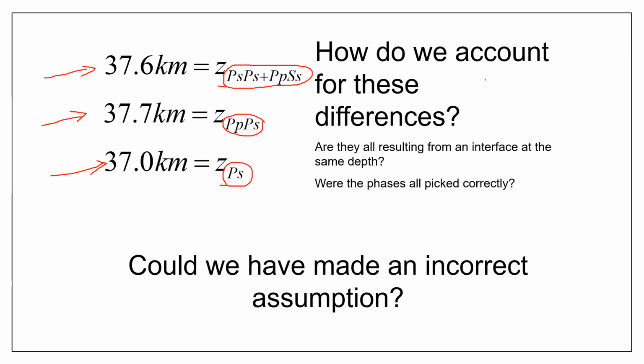Maybe the phase identification that we are doing in the receiver functions is done manually, so some human error might be there because of which these are coming differently, or maybe some noise is causing it. For that purpose, you will have to follow a certain methodology to calculate this depth correctly, incorporating the constraints from these three different converted phases.